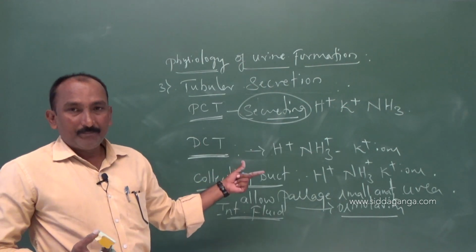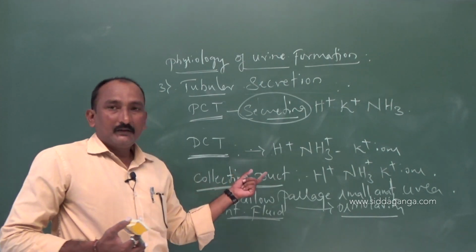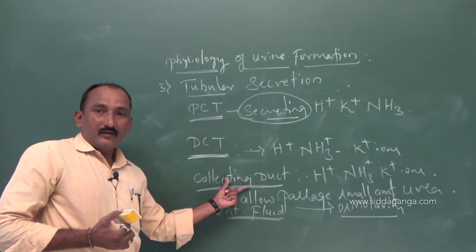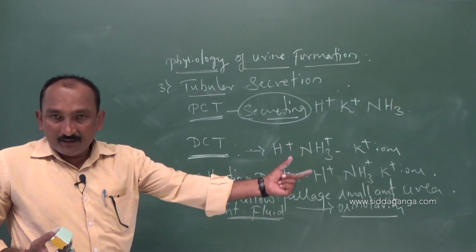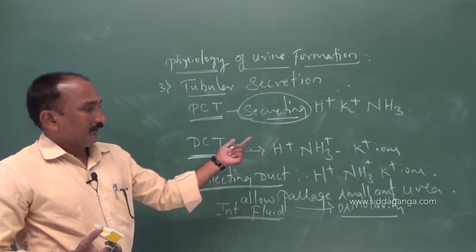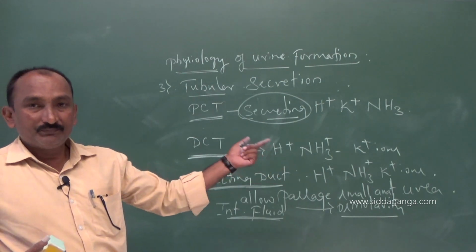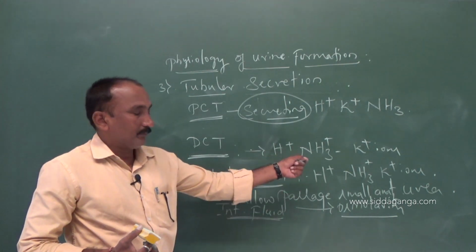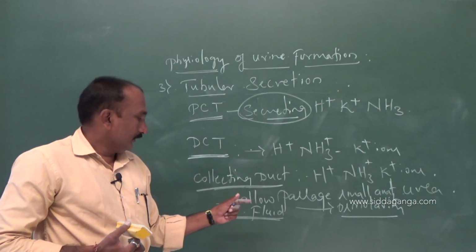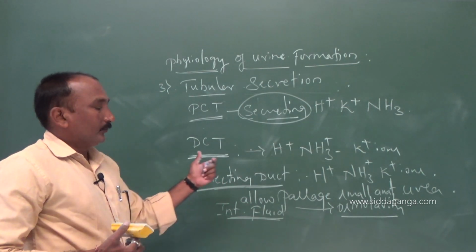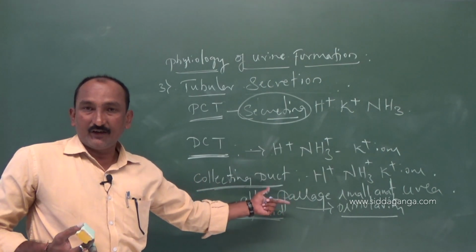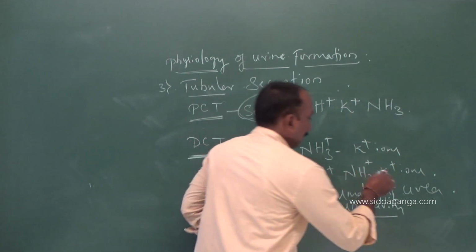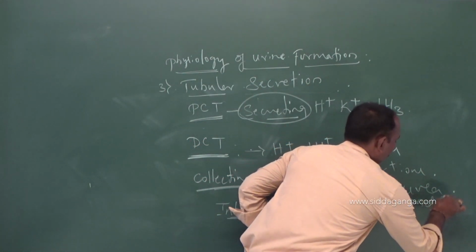But for now, just remember that the collecting duct is also involved in secreting hydrogen, ammonia and potassium ions. Along with that, it allows the passage of a small amount of urea into the interstitial fluid to maintain the osmotic concentration, or osmolarity, in the inner region of the kidney, called the medulla.